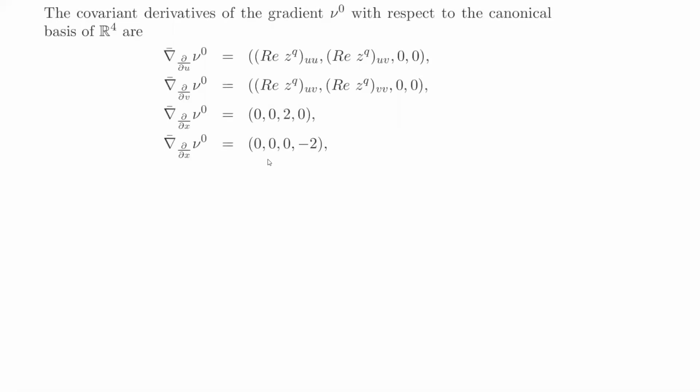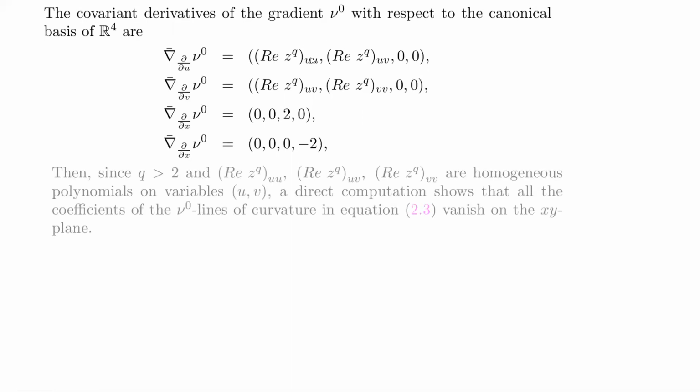You have this because of the following. When you consider the covariant derivatives, you write here exactly for all q the covariant derivatives, and you get this expression, and observe that these four are, in fact, homogeneous polynomials of high degree.